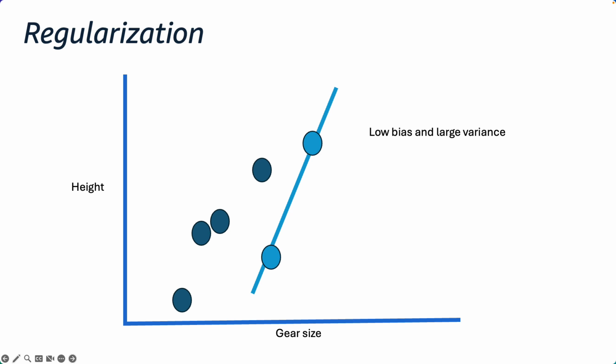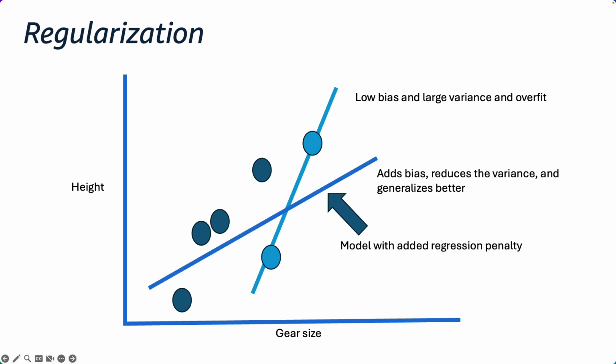And we can see that there are other data points, and this linear regression model is not working well, and the model is overfit to the small data set. It has low bias and larger variance. And in the real world, you need to get more data. But let's talk about how regularization can help for this simple example. But remember, in the real world, you need more data.